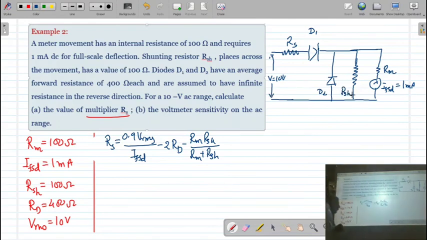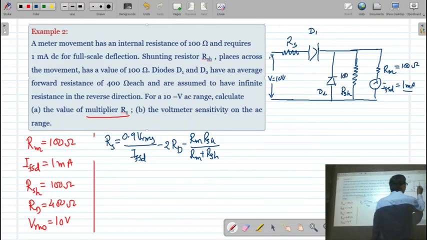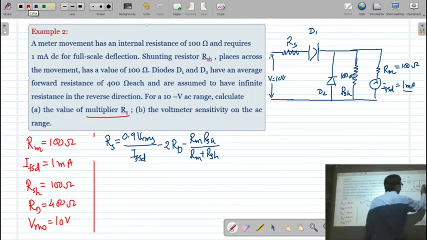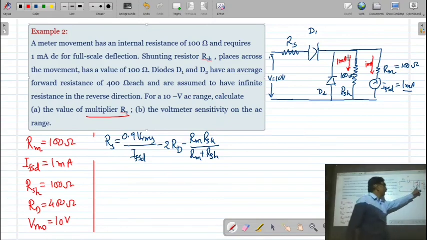Now try to understand here that IFSD is 1 milliampere and the resistance of the meter is 100 ohm. Correct? Then the shunt resistance is also 100 ohm. It means that if the current in the meter is 1 milliampere, at the same time the current in the shunt resistance will also be 1 milliampere, because the values of the shunt resistance and Rm are identical.